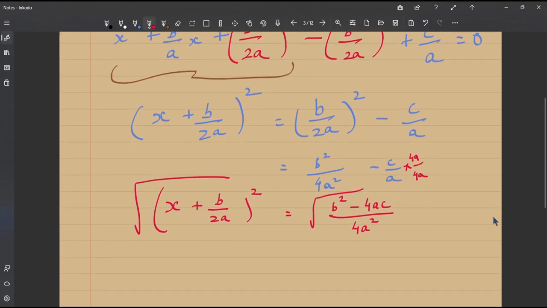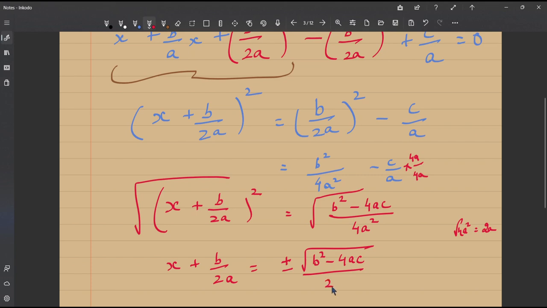What do you get? Your left hand side becomes x plus b by 2a. The right hand side becomes, square roots can be both positive and negative, so plus or minus root of b squared minus 4ac. Now what is the square root of 4a squared? The square root of 4a squared can be written as 2a, isn't it?